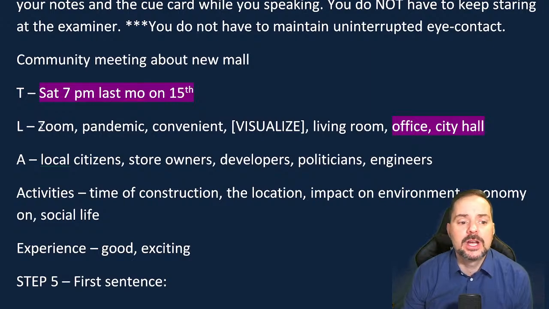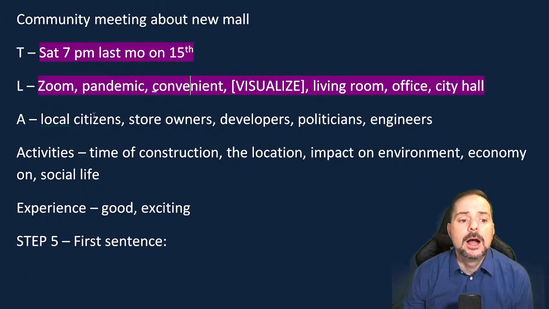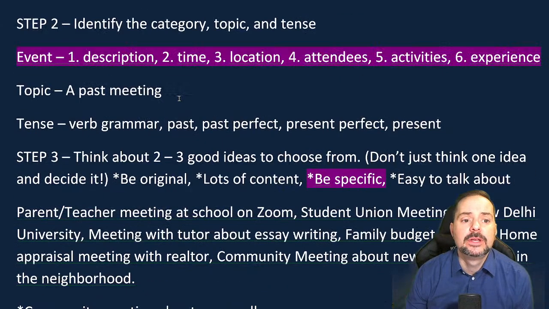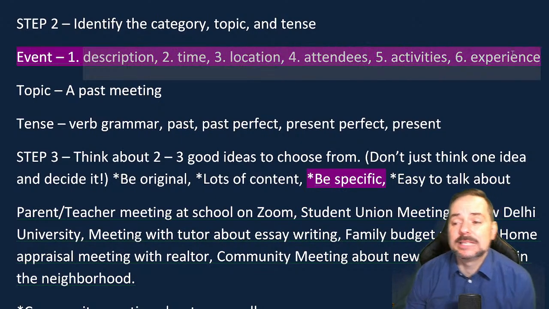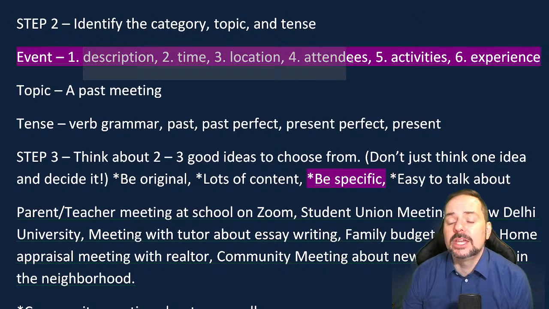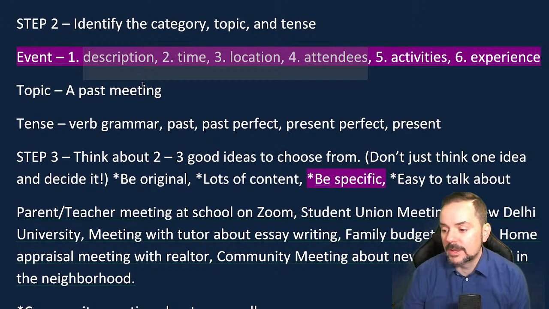I just want to make sure that I cover it. I talked about Zoom, about where people are, including myself, so that's good. I haven't really talked about the attendees yet. Remember the very important point, and I remember these because I practiced before my IELTS exam: I have to describe the time, location, the attendees, activities, and experience.